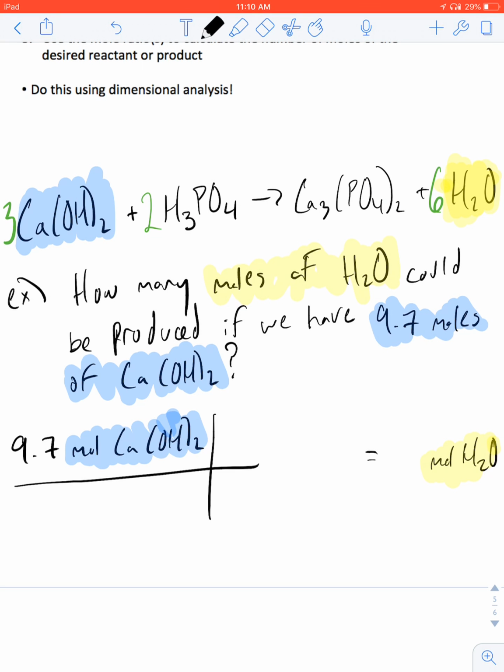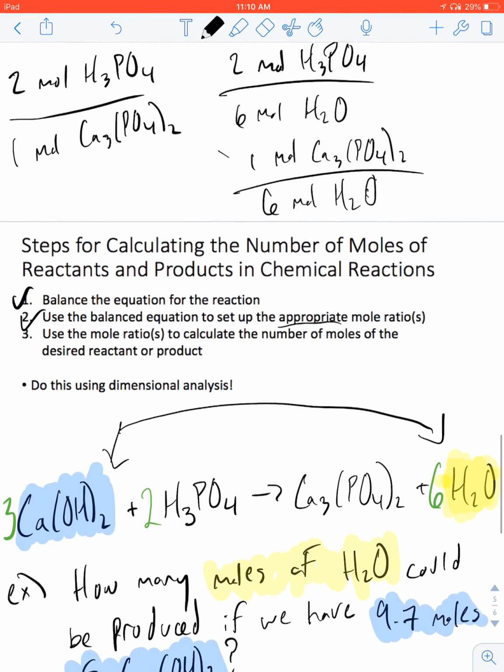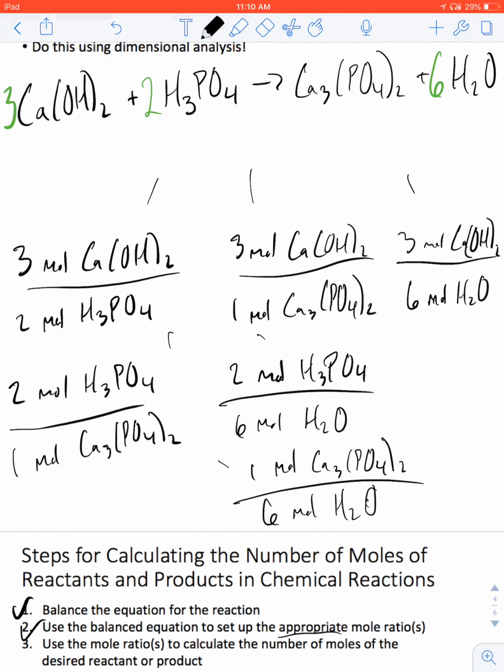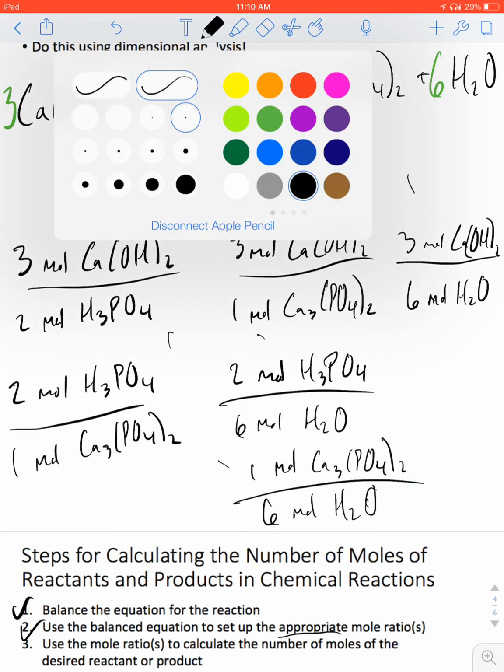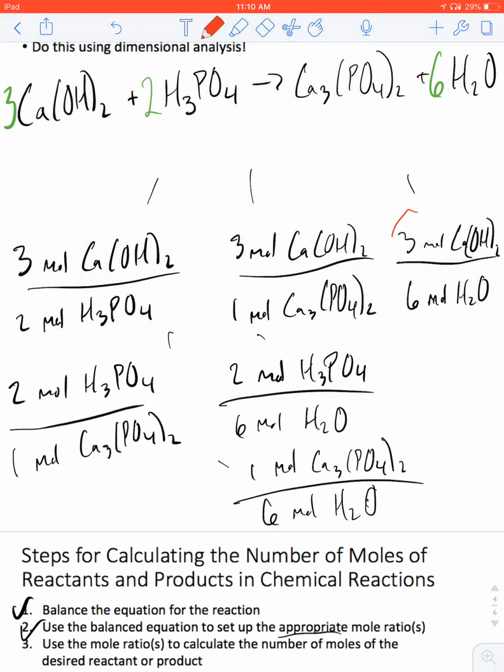Okay, so what we need to do is find a mole ratio that has a relationship between calcium hydroxide and H2O. If we go back to our mole ratios, we could find that relationship in this mole ratio right here.